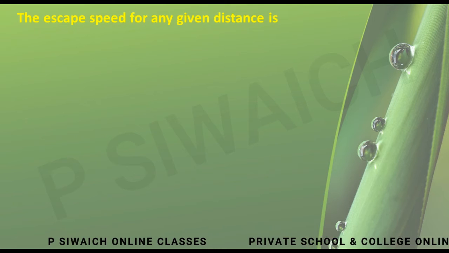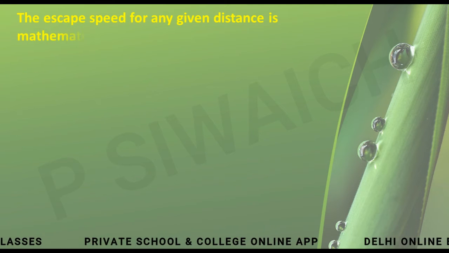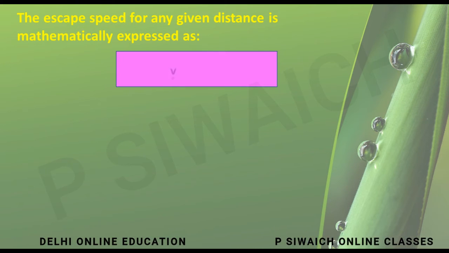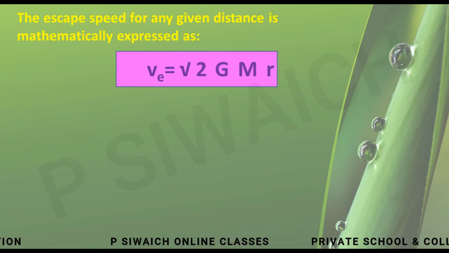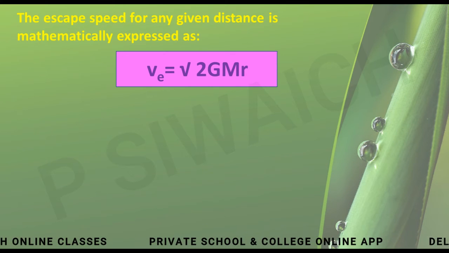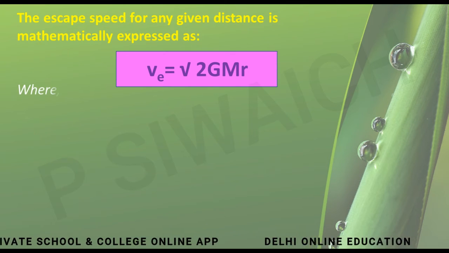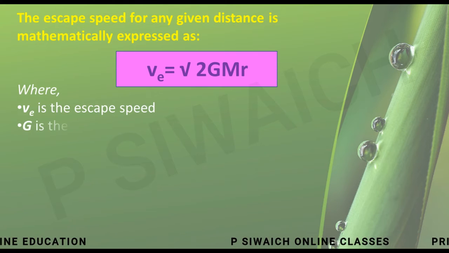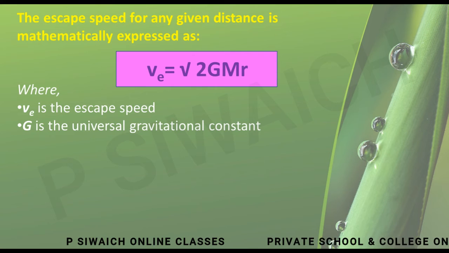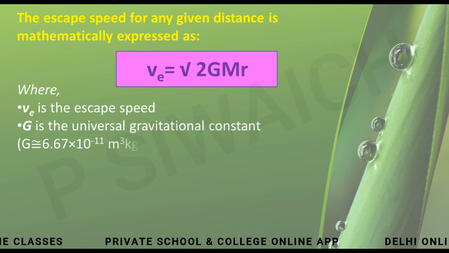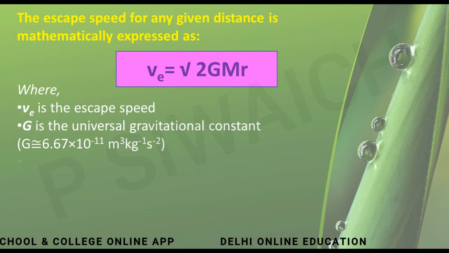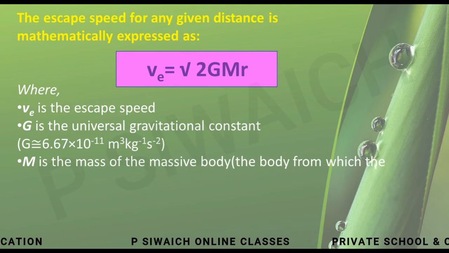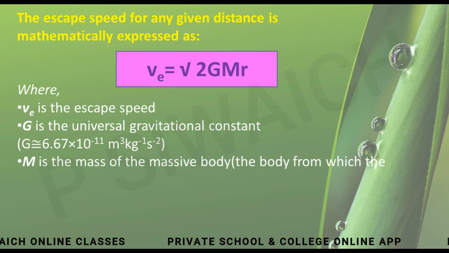The escape speed for any given distance is mathematically expressed as VE equals under root 2GM over r, where VE is the escape speed, G is the universal gravitational constant, whose value is approximately 6.67 into 10 to the power minus 11 meter cube kilogram inverse second inverse square.